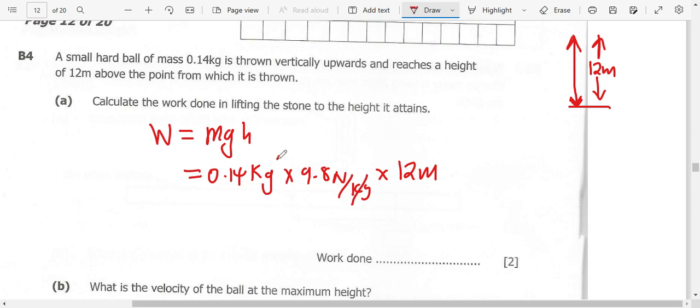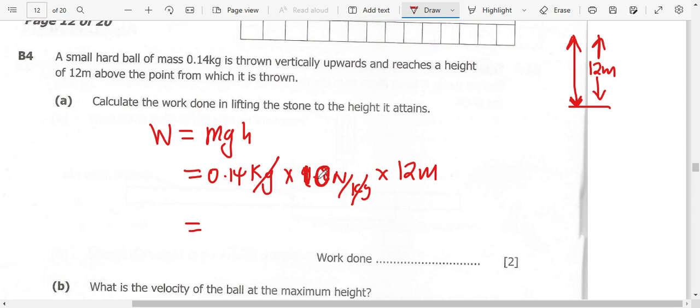The kg will cancel, so the answer is going to be in Newton meter. Newton meter is equal to 1 joule. So all you do is multiply 0.14 by 9.8. Oh, actually, for you guys, you use 10 as the gravity.